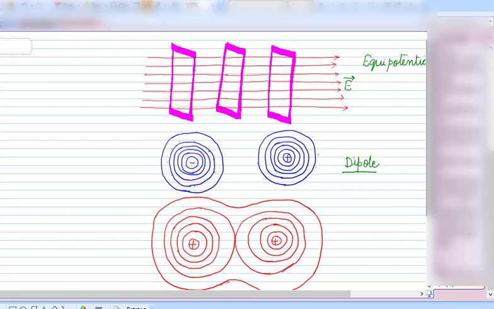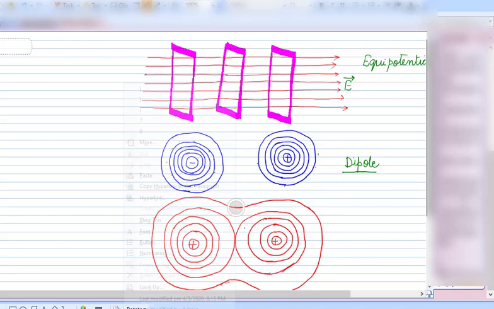These concentric spheres coincide with the equipotential surfaces of the second charge. You can see this outermost sphere, where they coincide with each other in this area. So there is a combined equipotential surface for these two, as we have drawn in the outer structure.